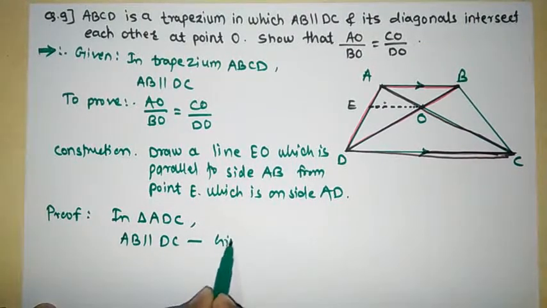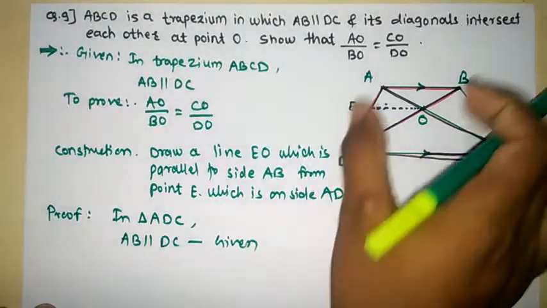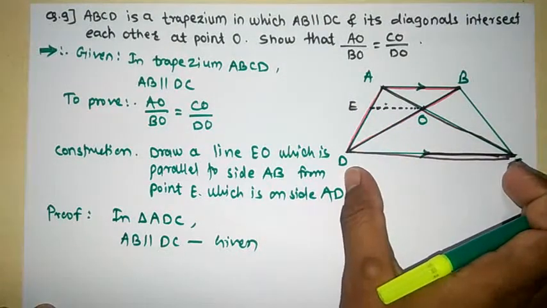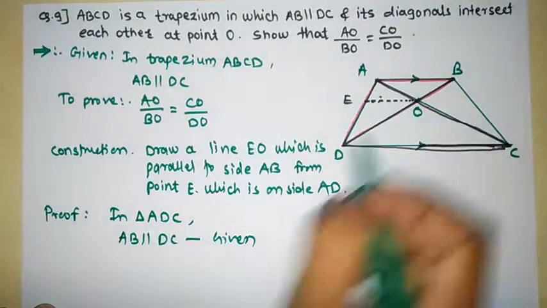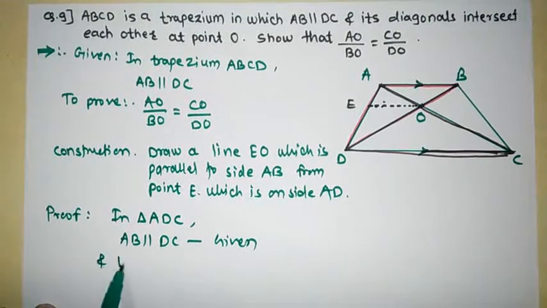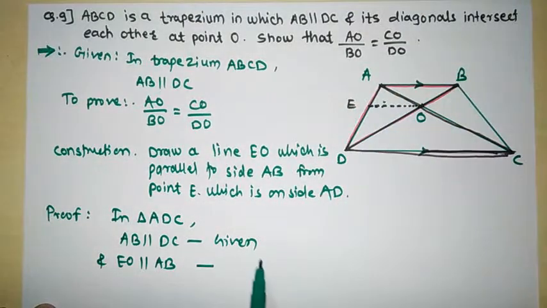It is given data. And EO is parallel to AB. What is the reason? EO is parallel to AB by construction. You can write by construction.